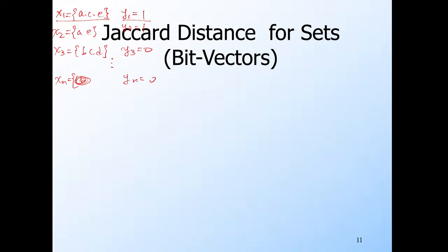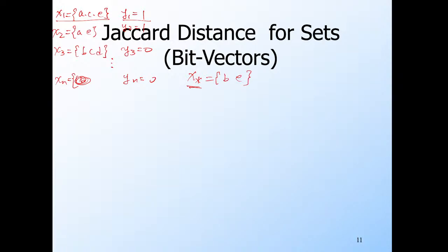These are the training data, and if you are given a new instance x star, and we want to use KNN to predict the corresponding label of x star, let's say x star is B and E.